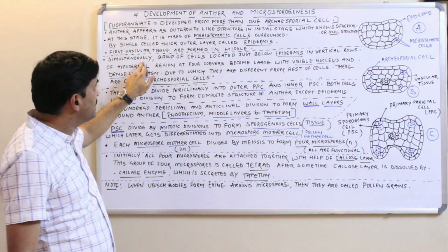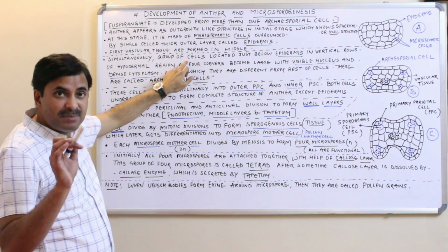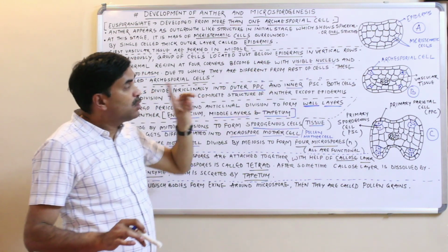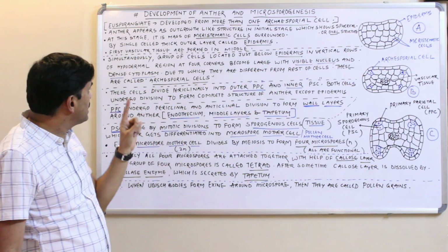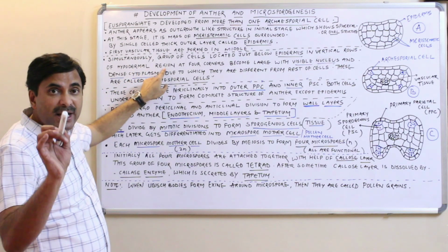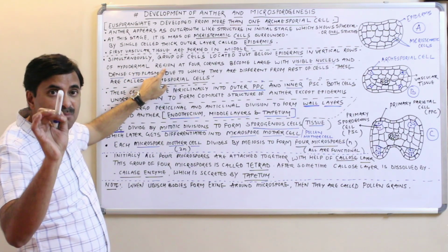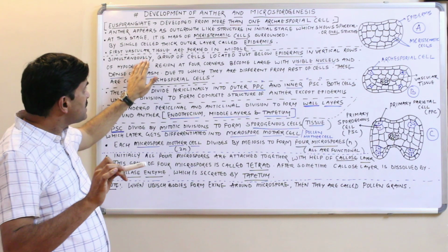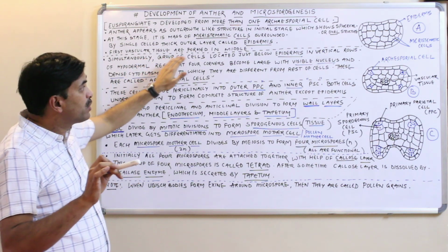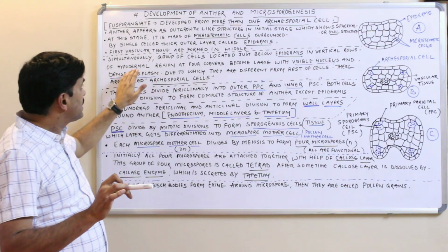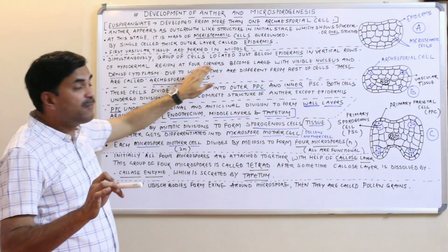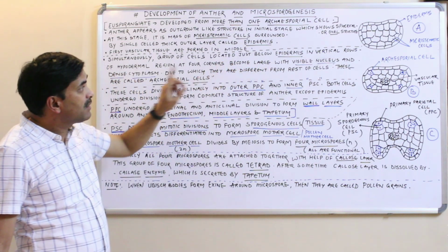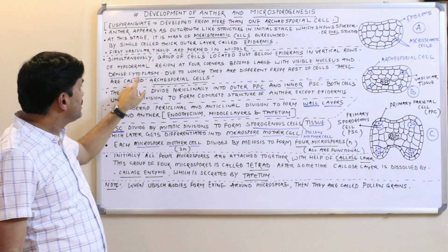Now simultaneously, a group of cells located just below the epidermis, in the hypodermal region at the four corners, become visible with large nucleus and dense cytoplasm.